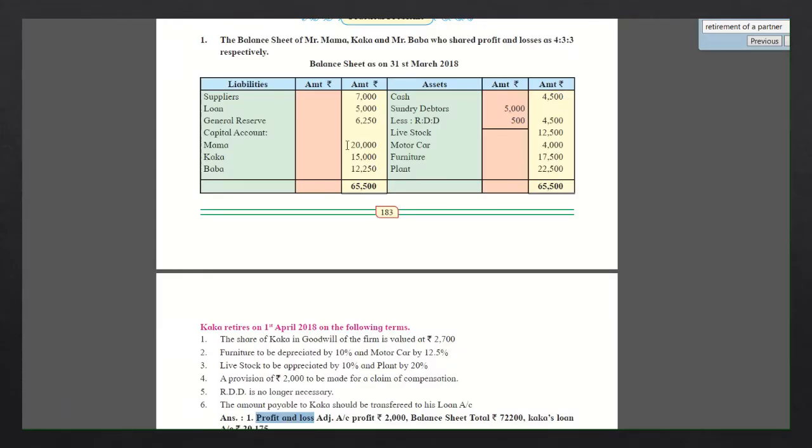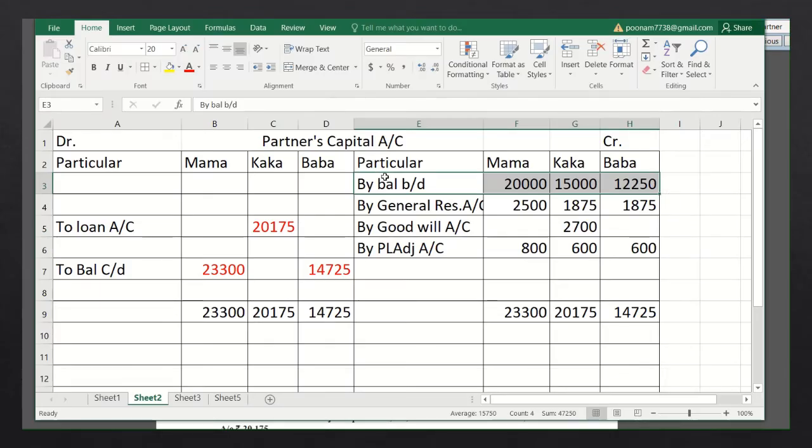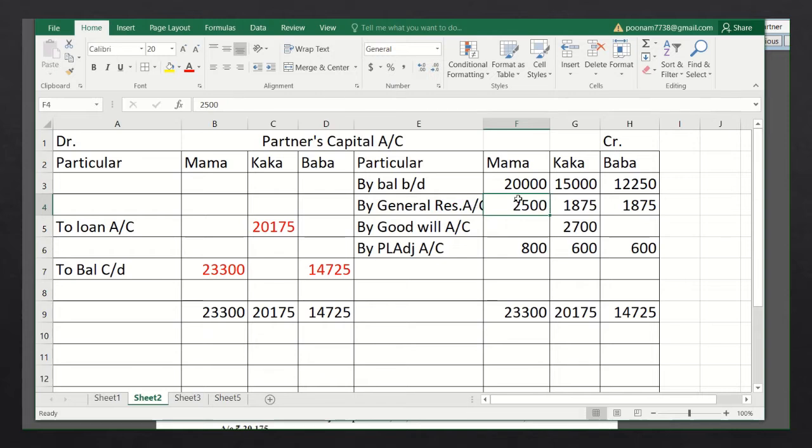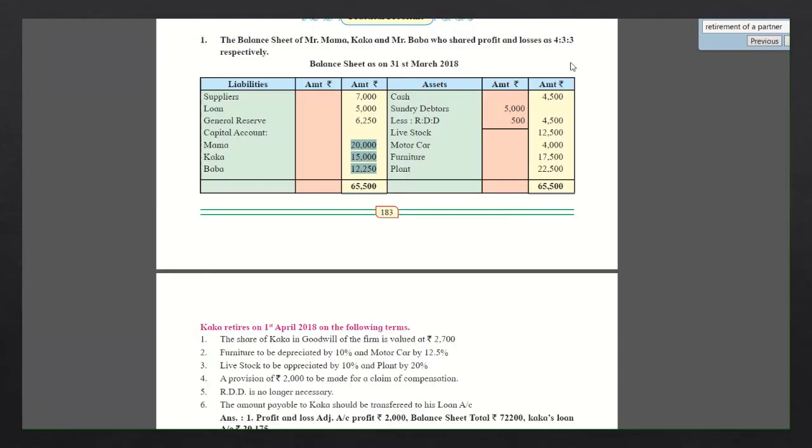You can see here 20,000, 15,000, 12,250 that I have recorded here, and the general reserve is distributed in the old ratio. So 6,250 is distributed, and we get these amounts: 2,500, 1,875, 1,875. After that, nothing is there to take from the balance sheet.